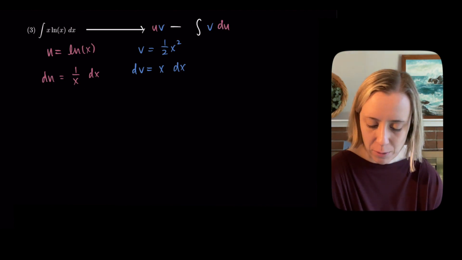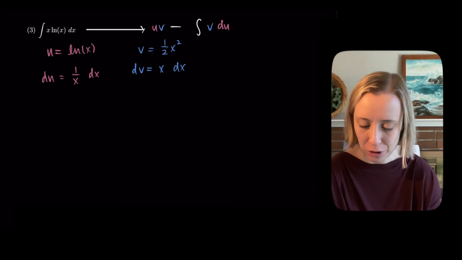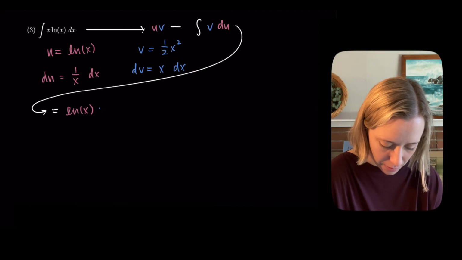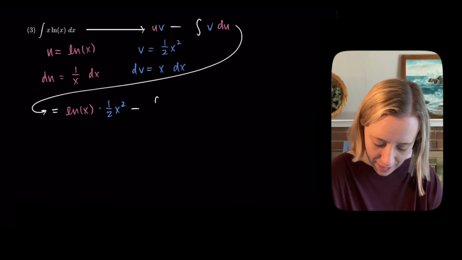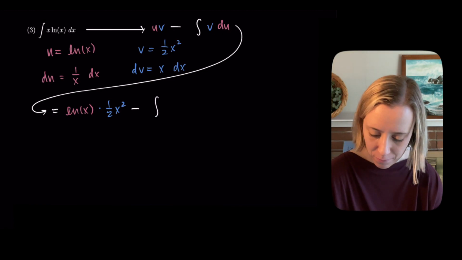So now we just need to replace the uv and v du with what we've decided the substitution is. So u is ln x, v is 1/2 x squared, then we subtract a new integral, and hopefully that new integral is something we can solve.